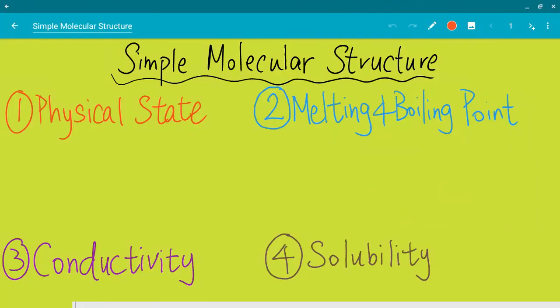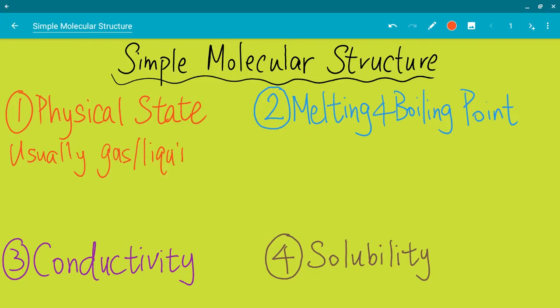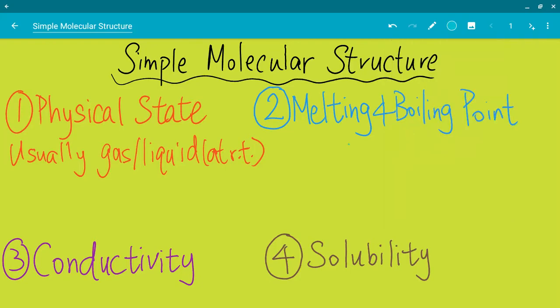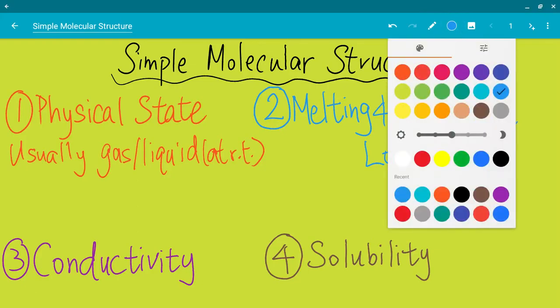So just to summarize today's video, for simple molecular substances, the physical state is usually gas or liquid at room temperature, and the melting and boiling points are low. And what is the reason for these two?